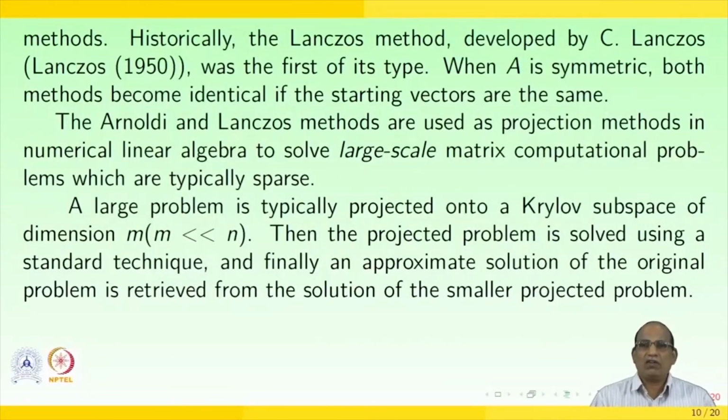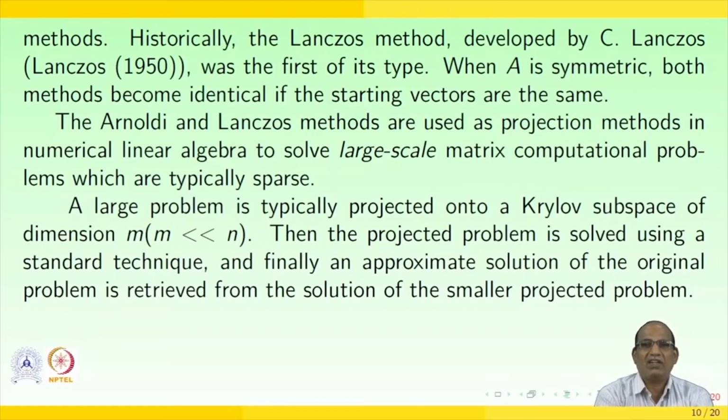Historically, the Lanczos method, developed by C. Lanczos, was the first of its type, for when the matrix A is symmetric. Both methods become identical if the starting vectors are the same, but this is not always practically possible.